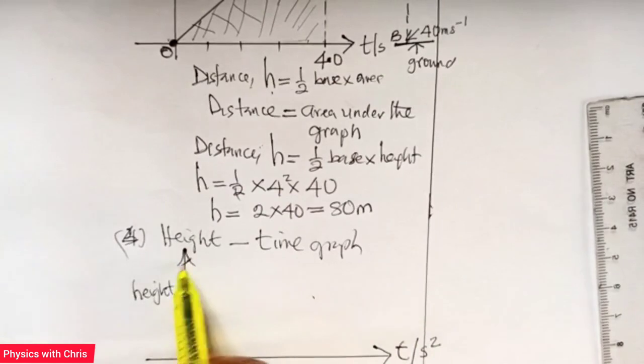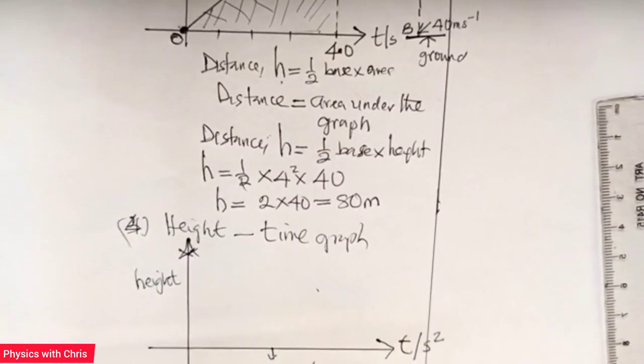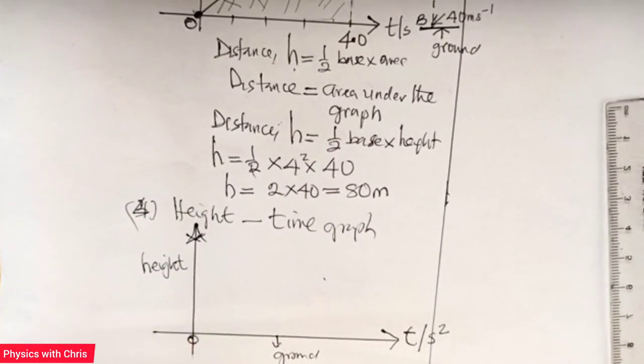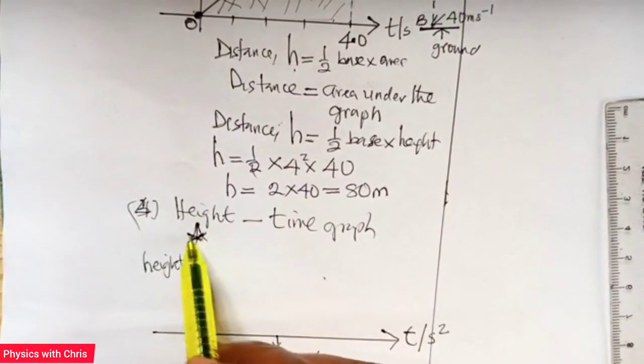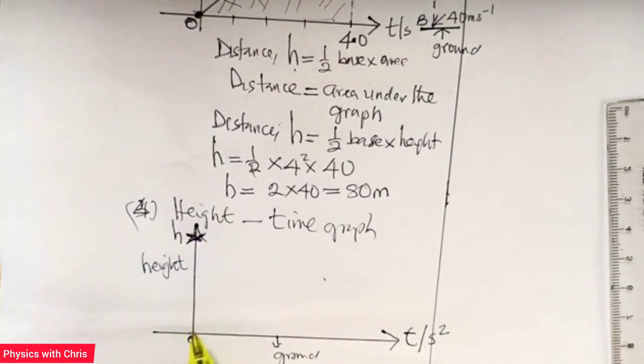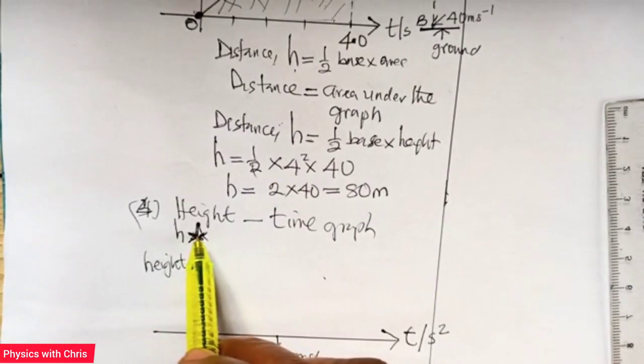Now, if I take this time axis as the ground level, the ground plane, then from this point, of course, that is 0 meters. Let me call this point the height from which it starts falling. Let's say this is your 80 meters. So the graph will vary in a non-linear way.